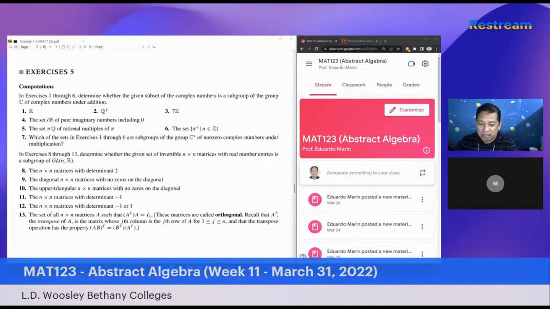Is there an identity element? Rational number multiples of pi. So imagine a Cartesian plane. It's multiples of pi.